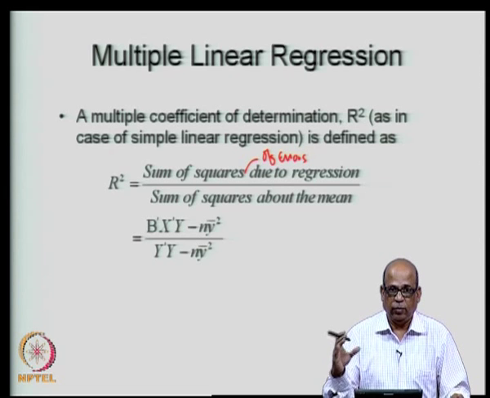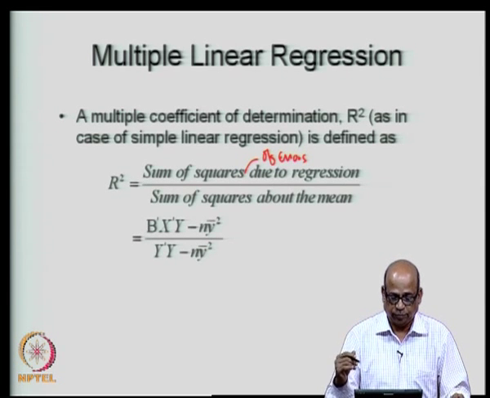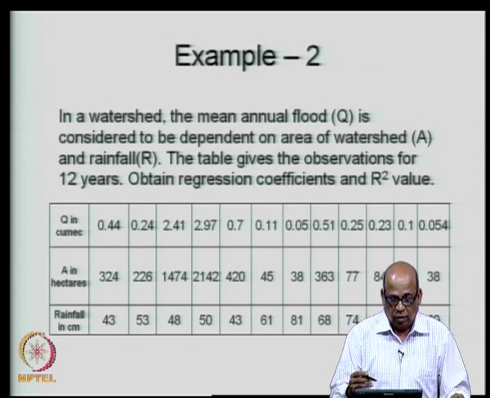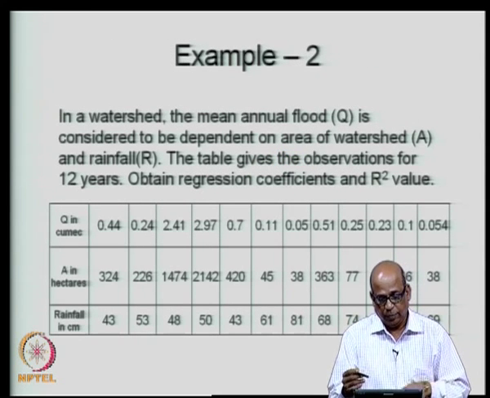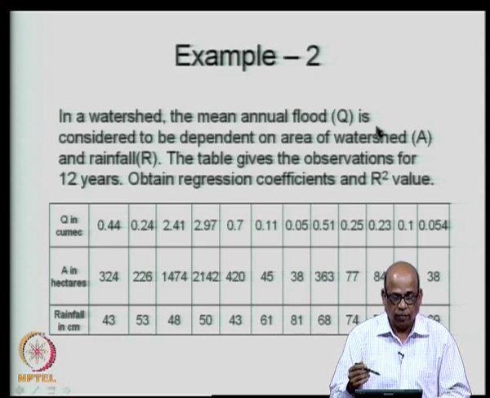Like this we formulate the expressions and then estimate beta 1, beta 2 etcetera up to beta p. To understand this better, we will just solve a simple example here. We will take only two independent variables and this can be generalized for any p number of independent variables.